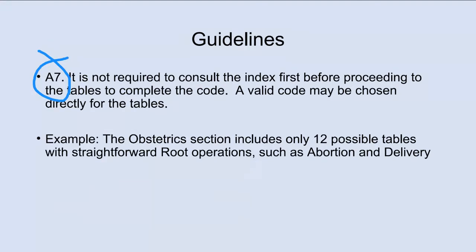The root operations are fairly straightforward: abortion, delivery. We know what those mean. So if you want to go straight to the obstetric section and look at those tables, that's fine. In fact, I think going to the index to look for obstetrics can make it more confusing rather than less. So you need to go to the tables, absolutely, but you don't necessarily need to go to the index.